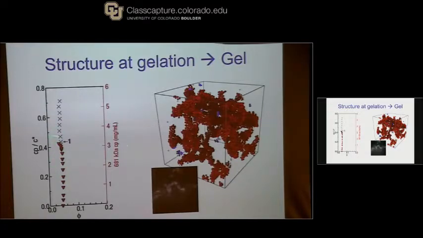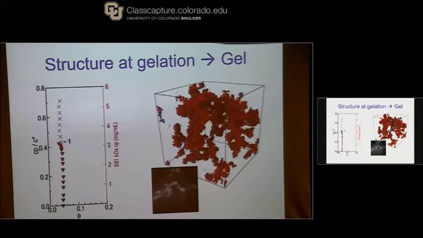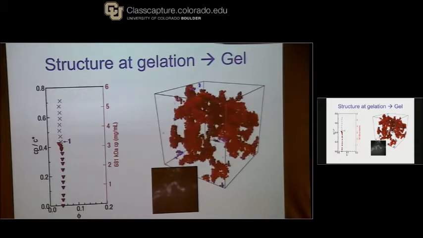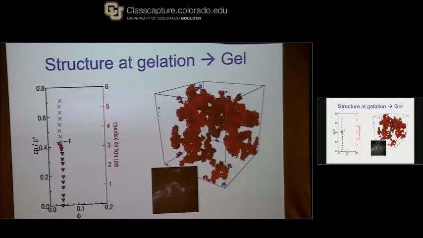Now we're just above this, and this is a gel. You can see there are still thermal fluctuations. That's what you asked about. Are there thermal fluctuations? There are, but on average, it's still a connected gel. This is a very weak gel because the interaction is pretty weak, but it's still a gel.